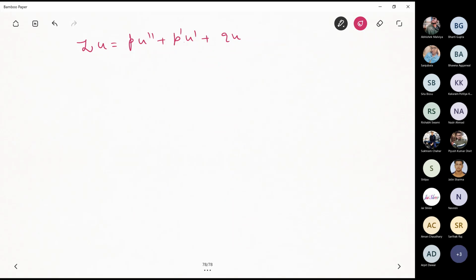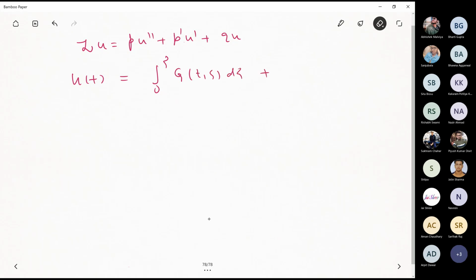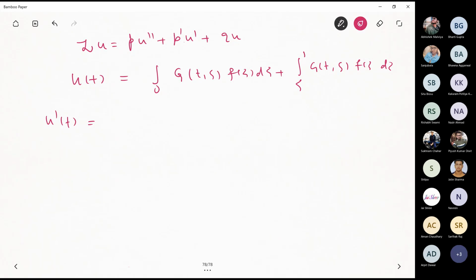So what we do is we simply differentiate this. So we can write u(t) as the integral from 0 to t of G(t, psi) f(psi) d psi plus the integral from t to 1 of G(t, psi) f(psi) d psi.